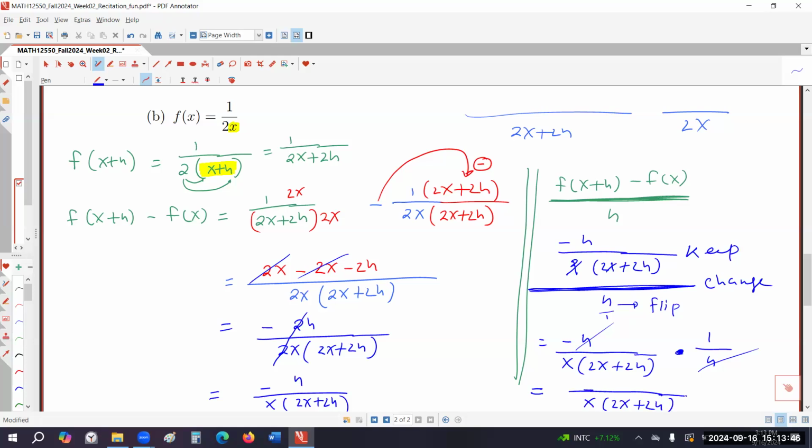And what do we have on the numerator? What is left? We canceled everything. We have a negative sign. And when you have nothing, we have a 1. This is our final answer. So subtract, simplify by taking LCD, and then divide by it.